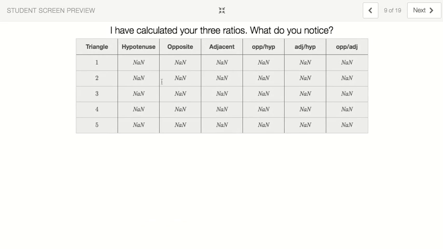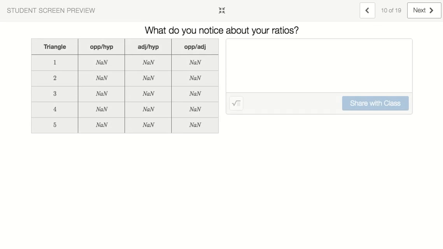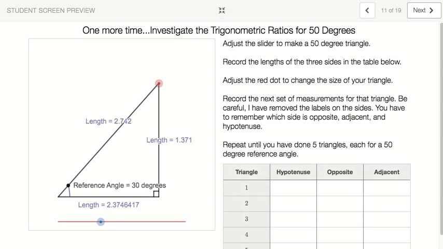You're going to do the calculation again. Remember that the hypotenuse, opposite, and adjacent get populated for you, so all you need to do is do these calculations and enter the values in those three columns. Then you will say what you notice about those ratios again.